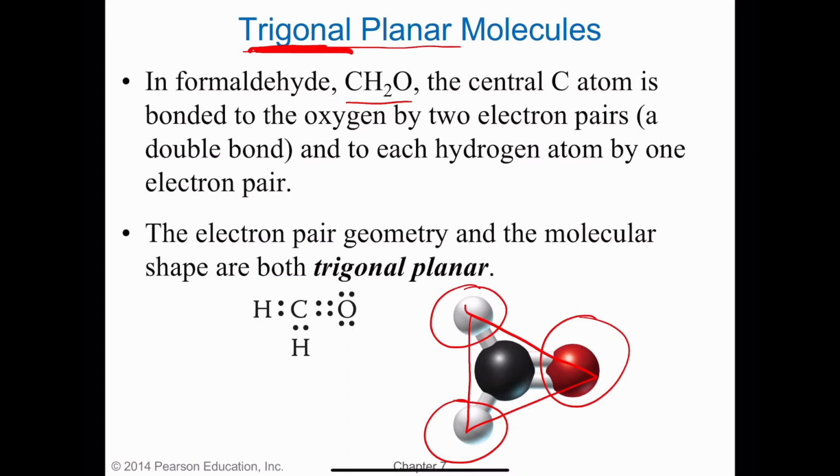So if I could turn this molecule on its side, all 3 of them could lie flat on the paper or flat on a table, which is why we call it trigonal planar. And then the bond angle between these is 120 degrees, because that's just what results when the 3 groups spread out and get as far away from each other as possible.